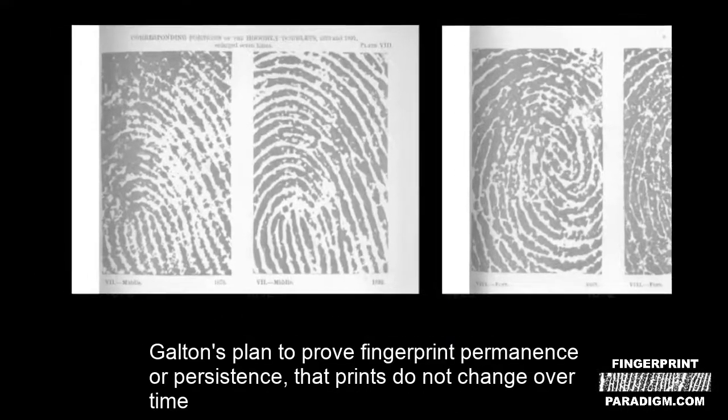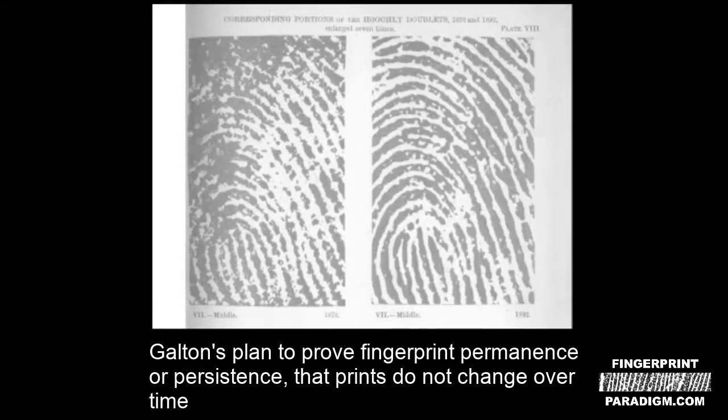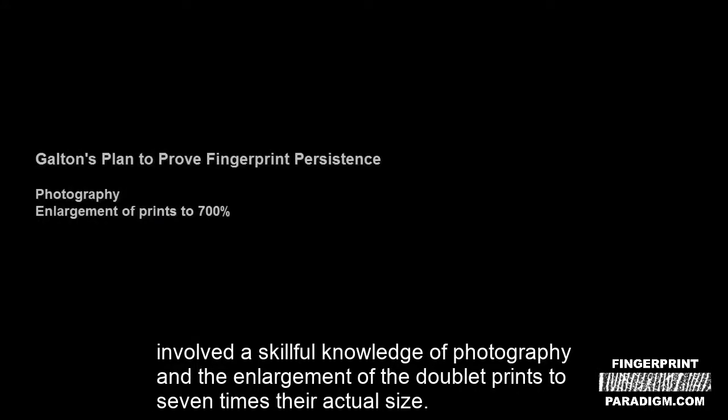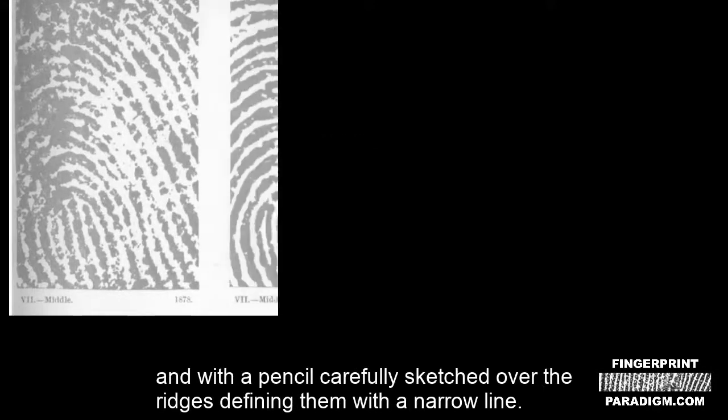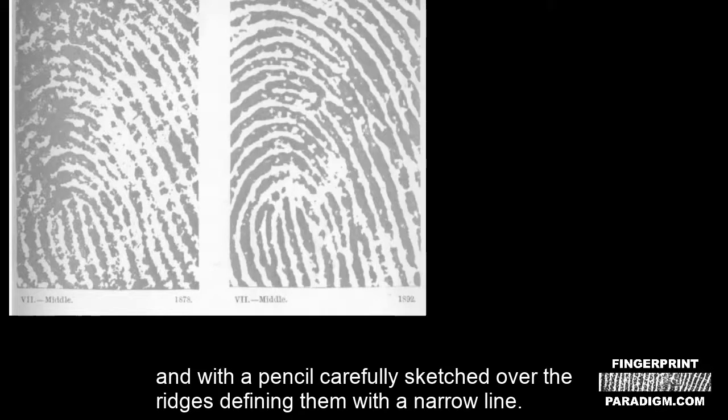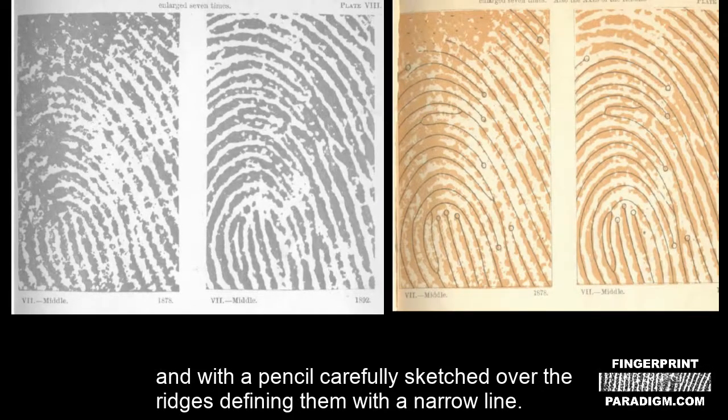Galton's plan to prove fingerprint permanence or persistence, that prints do not change over time, involved a skillful knowledge of photography and the enlargement of the doublet prints to 7 times their actual size. He then utilized tracing paper and with a pencil carefully sketched over the ridges, defining them with a narrow line.